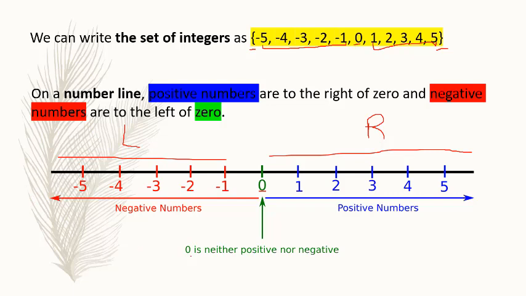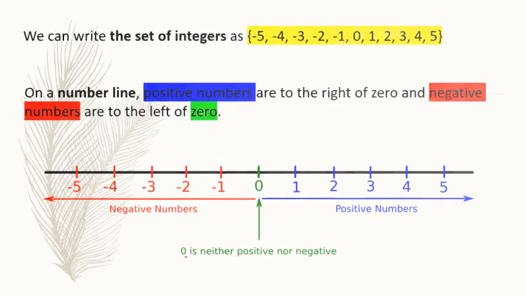Okay? And remember that 0 is neither positive nor negative. 0 is just 0. It isn't negative, it isn't positive. Never put a negative sign or positive sign in front of 0 because it is not. It is neutral. Okay, guys? Remember.